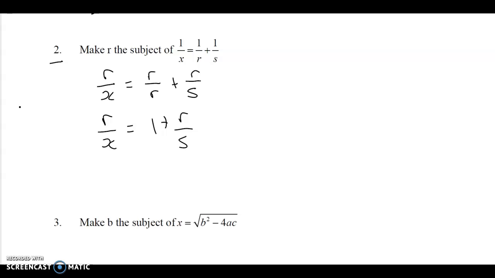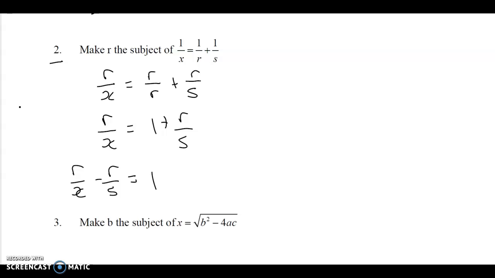So let's just keep going with where we're at, because we can't actually get there. So let's move this r over s term to the right hand side. So we're going to get rx minus rs equals 1.